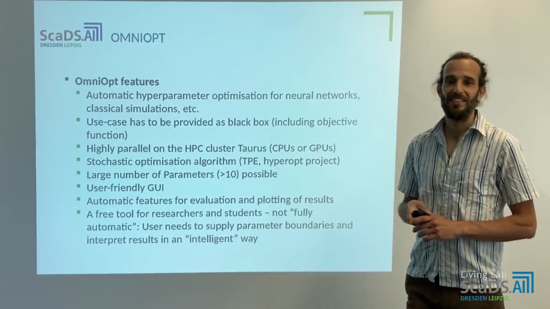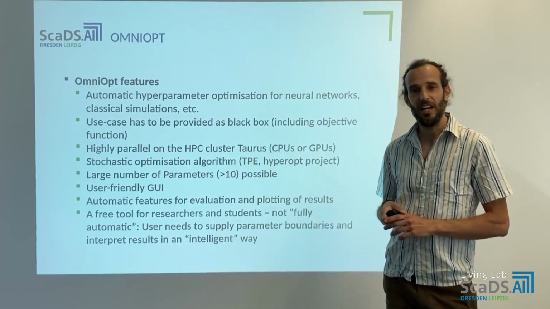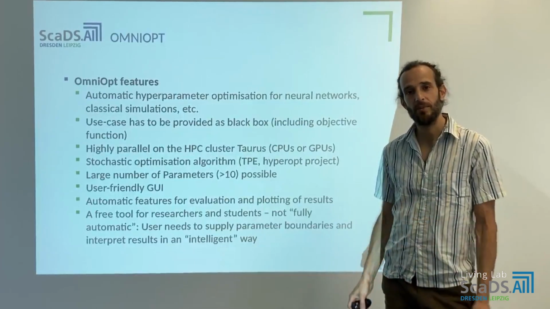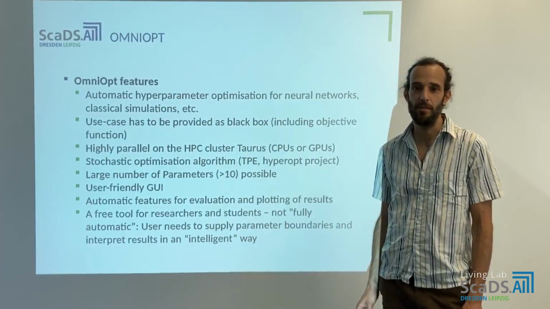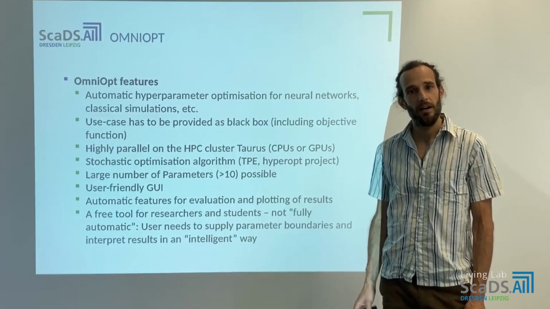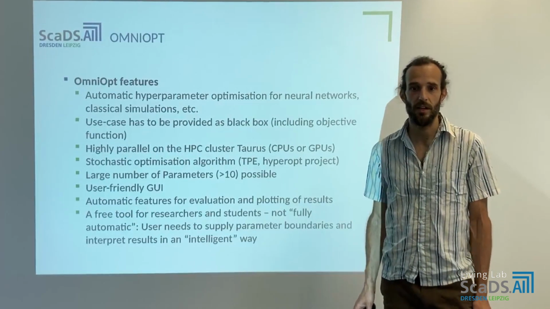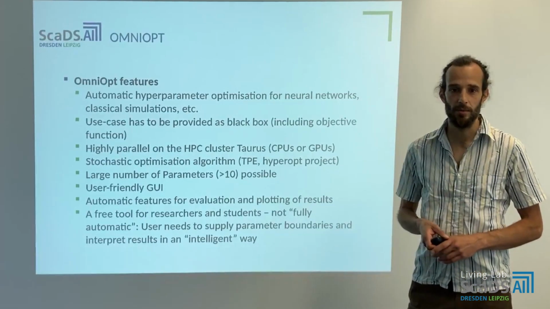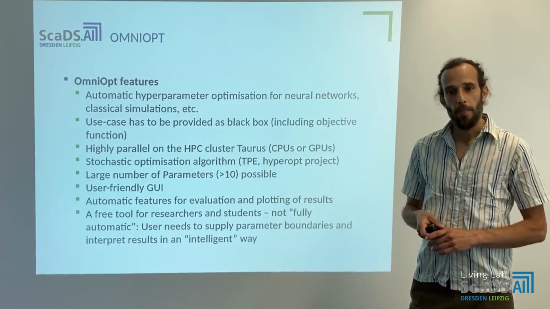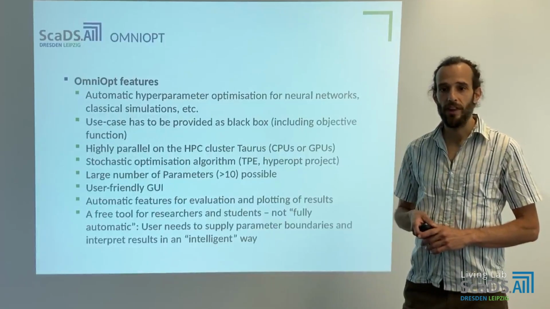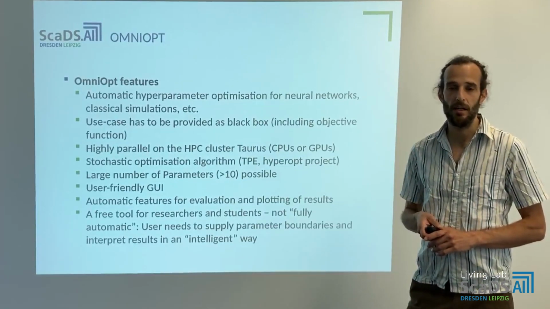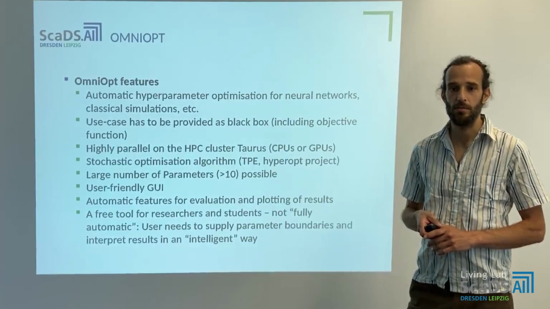We use a stochastic optimization algorithm called TPE, Tree Structured Parzen Estimator. We draw the software from the Hyperopt project, which is freely available on GitHub. OmniOpt can cope with a high number of parameters, much more than 10 are possible.